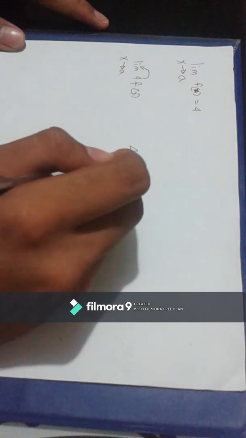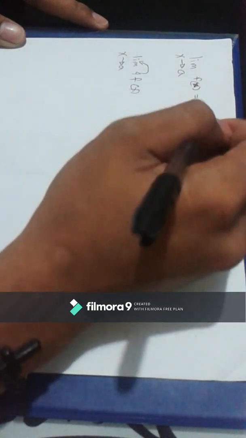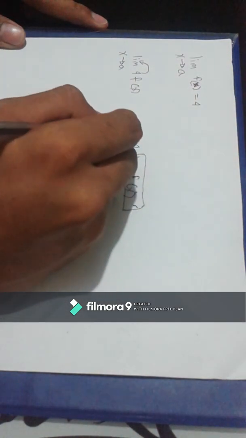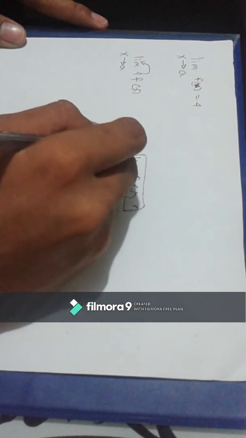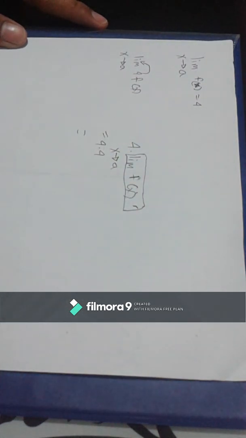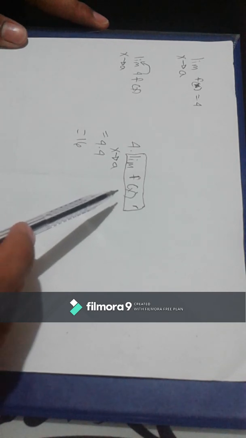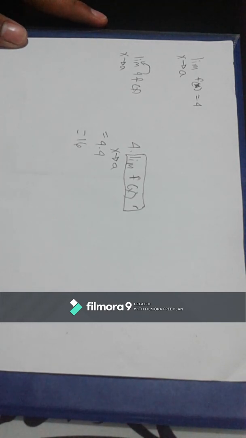So basically, guys, the value of this limit is equal to 4. Now we can just do 4 times 4, which is 16. Others have to do it the standard way. That's all for properties of limits.